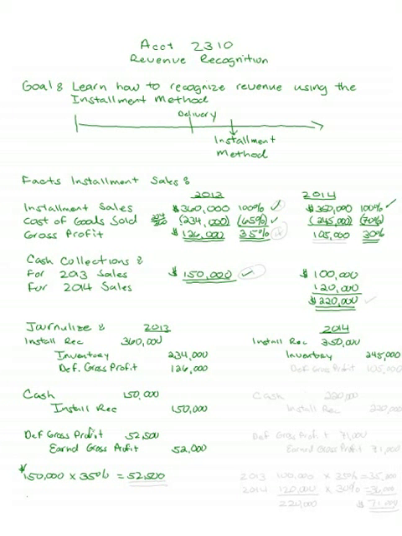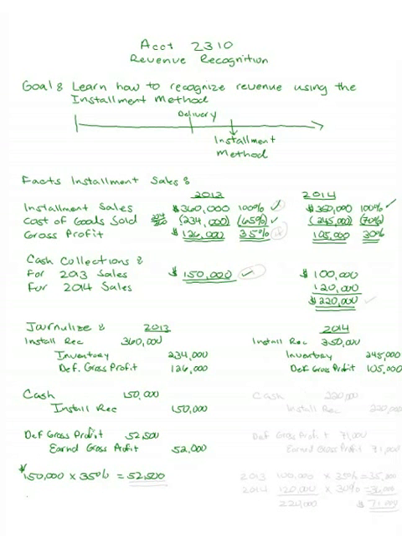I'm just taking it off of inventory. And then I'm going to set up the deferred gross profit for the year. Put that in the deferred gross profit account in the amount of $105,000. And that represents deferred gross profit on 2014 sales.